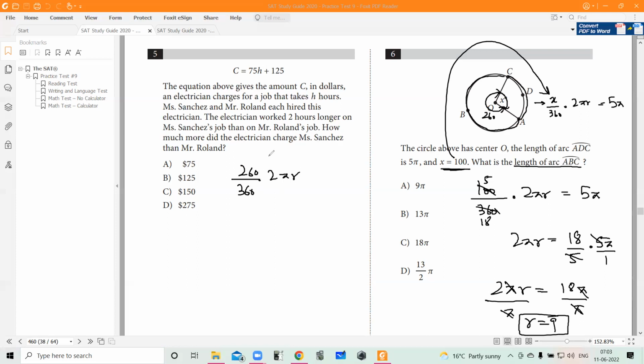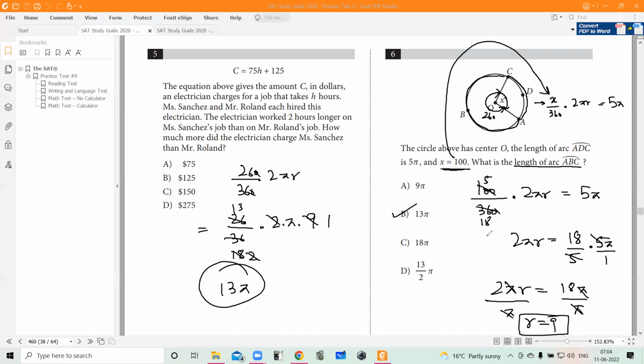That is the length of the arc ABC. So 26 over 36 times 2 pi times r is 9. And then 2 times 13, 2 times 18, and then 9 times 1, 9 times 2, 2 and 2 will cancel out, 13 pi. Okay, yeah, that's the right answer.